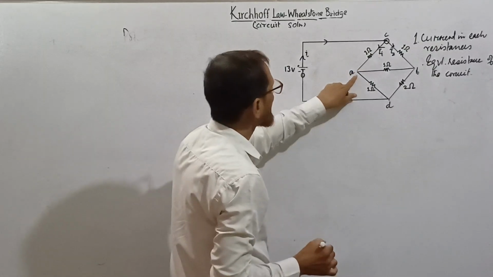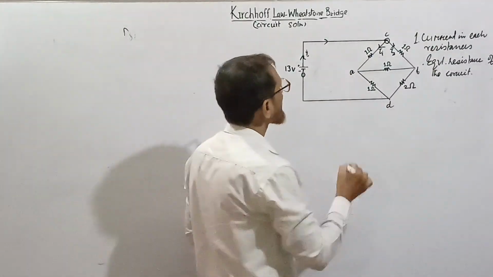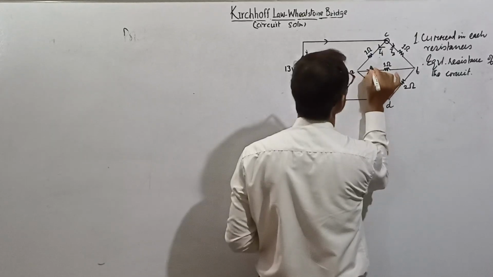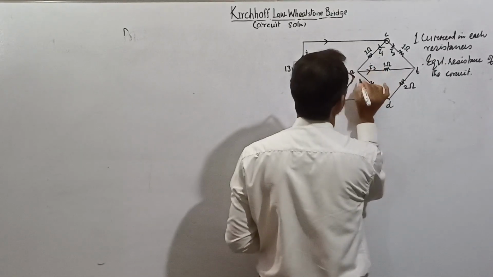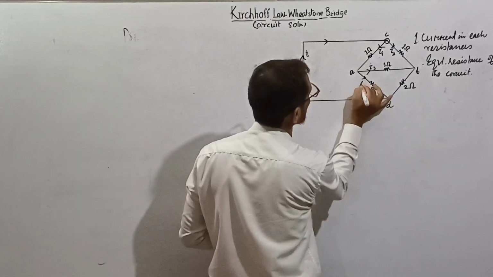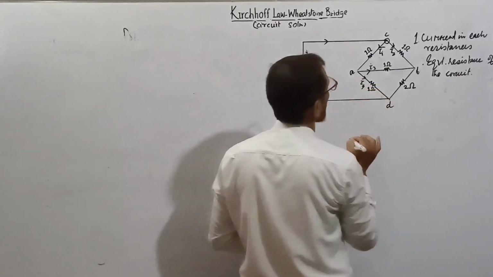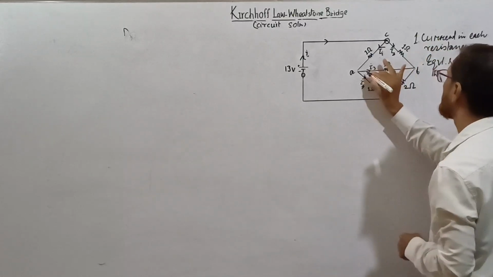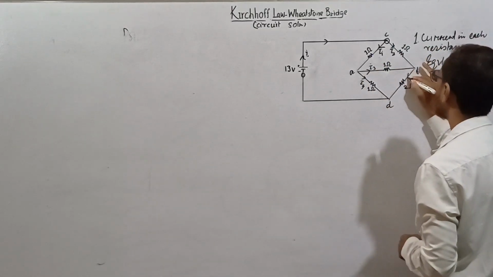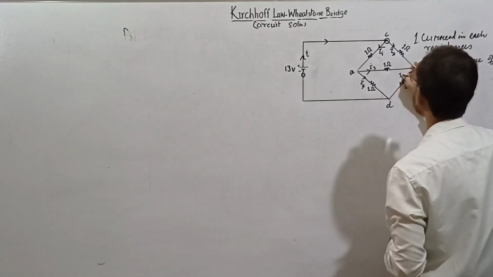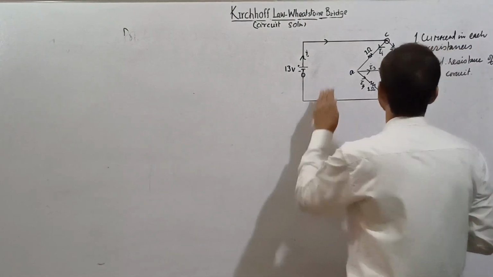And whenever it comes to this junction, the current changes its direction. Say it is I3, and another part has come to this one, say I4, and this has come in this way and this will come in this direction. Say this is I5. Am I right? These are the directions.